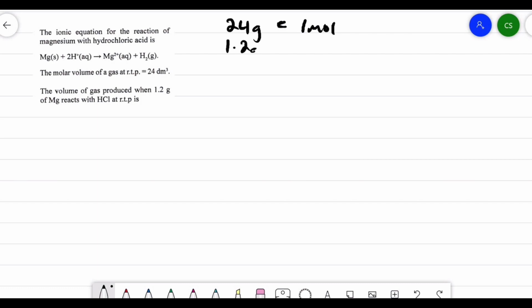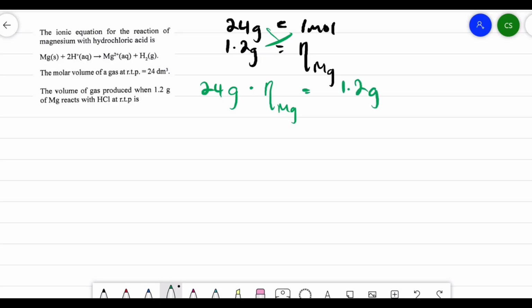So 1.2 grams will be equal to some amount of moles of magnesium solid. Now, what you want to do is cross multiply. So what you'd get is 24 grams times some amount of moles of magnesium, that's our unknown, being equal to 1.2 grams times 1 mole.